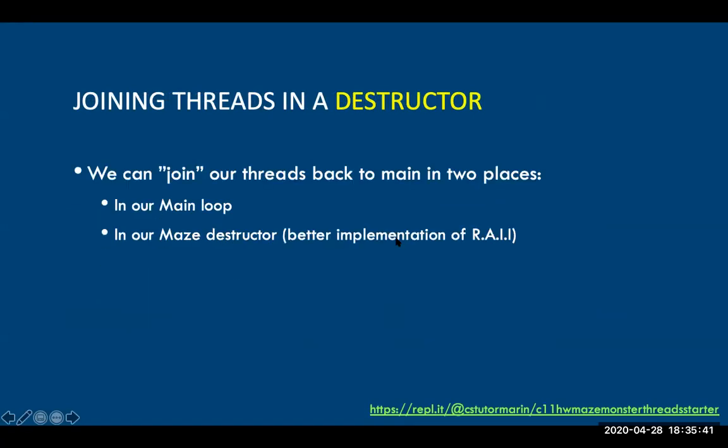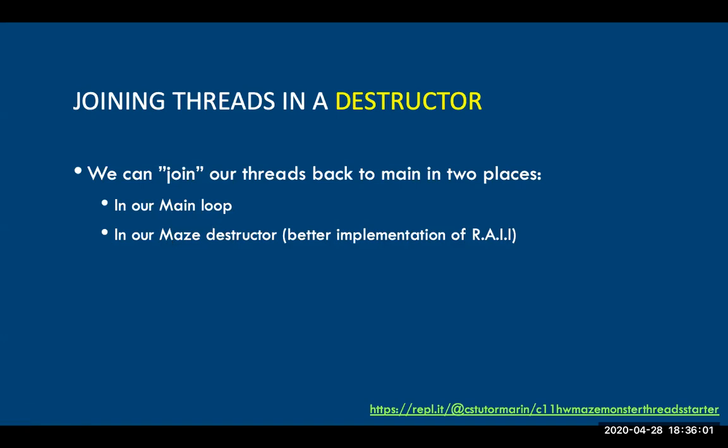And then in our destructor, we need to rejoin the thread. So all the threads that you're doing, the update health thread, the boss thread, and if you do the bonus, the playtime thread, you'd have to rejoin that in the destructor. We're going to do it in the destructor. You could do it in the main loop, but we want this thing to be all self-contained, right?